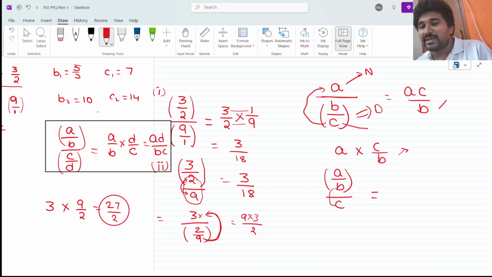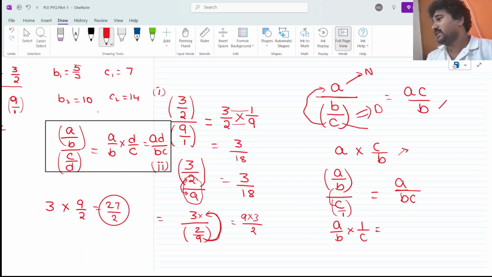Just multiply B and C. A by BC. If I want to go the safe zone, I write C as 1 by C. It is safe. But if you understand this way, it is easy for you to do quickly. You'll do it fast. Understand that?